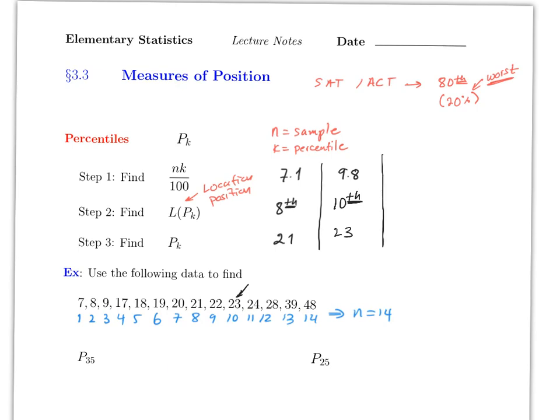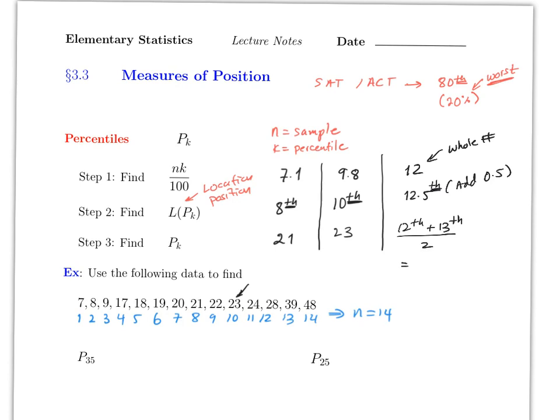Now the only one you have to be careful with is when you get a whole number. Let's say you get the number 12, which clearly is a whole number. So what do you do then? You get a whole number, you add 0.5 to it. So add 0.5 to the position. So now you have to look for the 12.5 position. How do we find the 12.5 position? Well, you add position 12 plus position 13 and divide by 2.